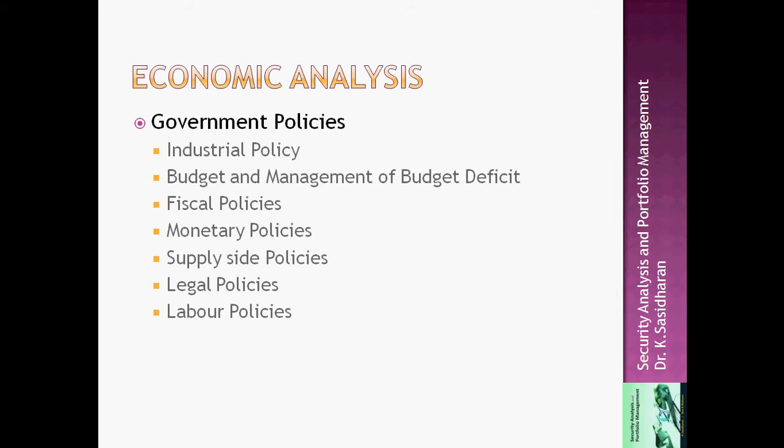Then come the budget and management of budget deficit. Now we already found that the budget deficit is something very crucial, very significant in stock market operation. The government presents the budget every year, and the budget can show a surplus or deficit.